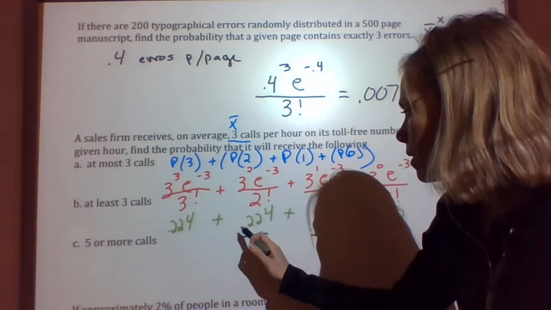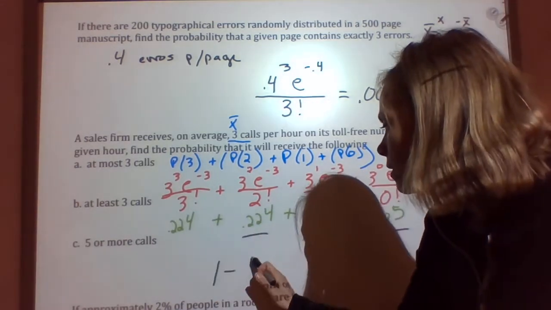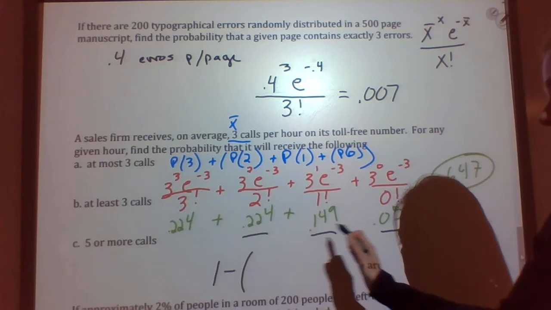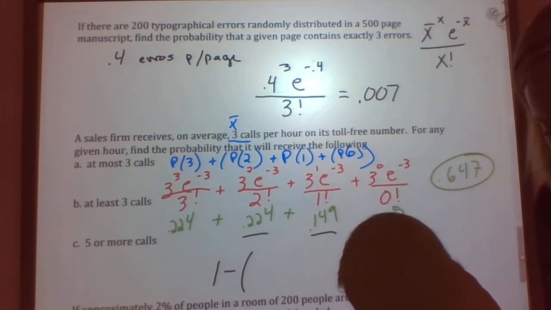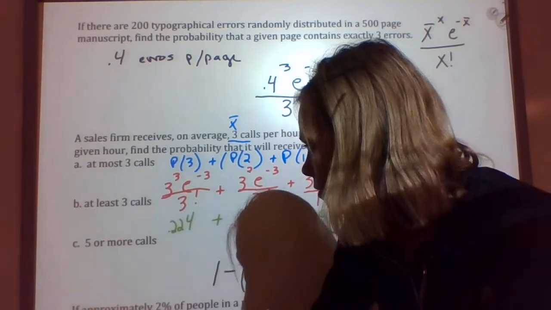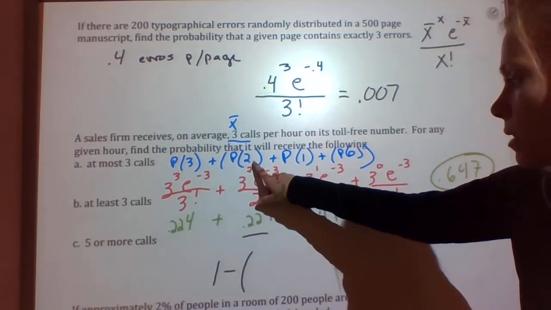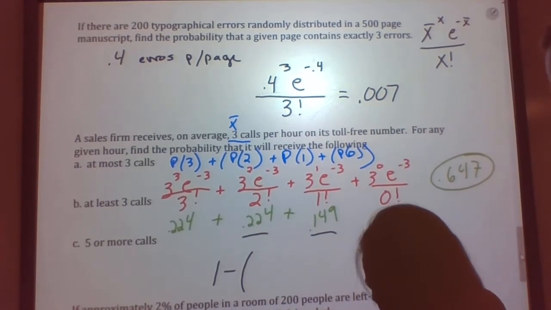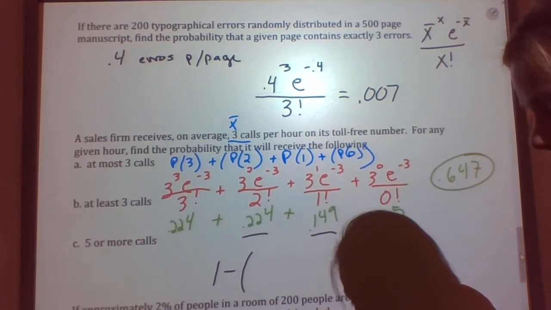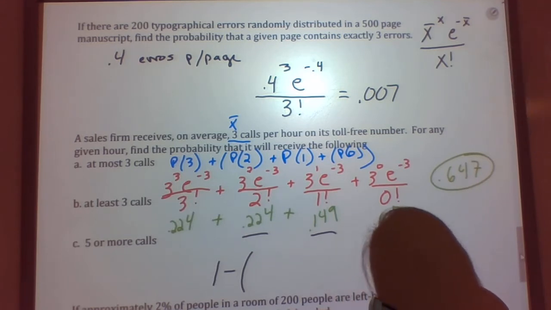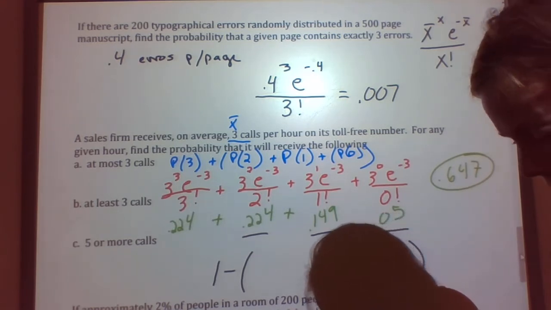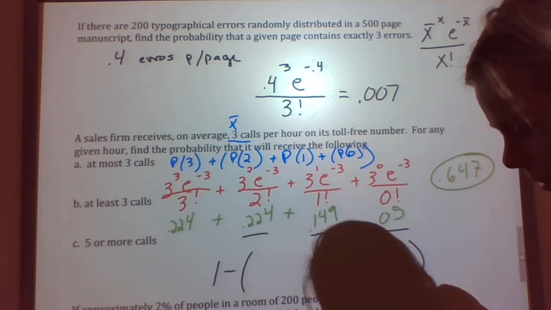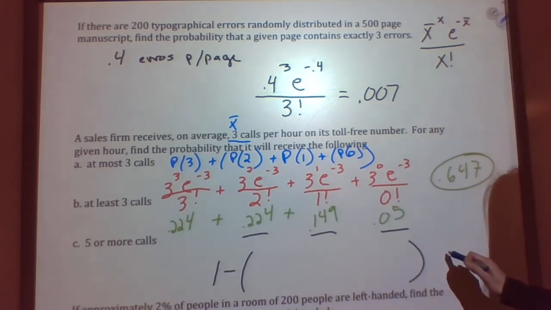I take 1 minus the sum of the probabilities of 2, 1, and 0: 0.224, 0.149, and 0.005. And 1 minus that would be 0.577.